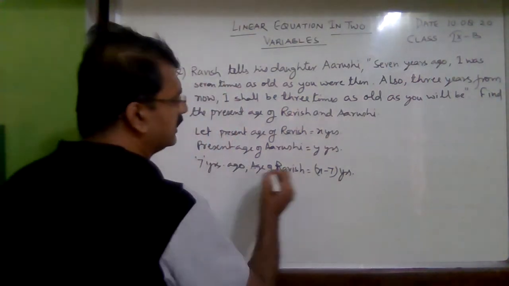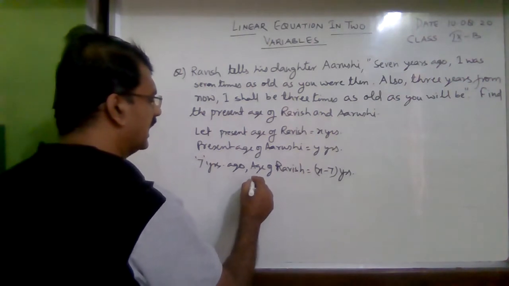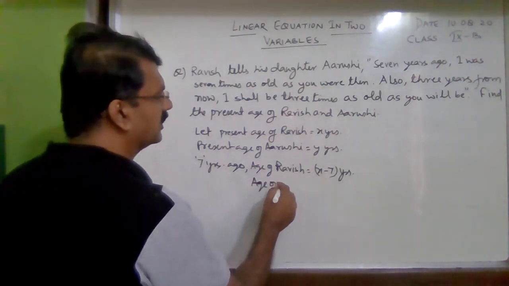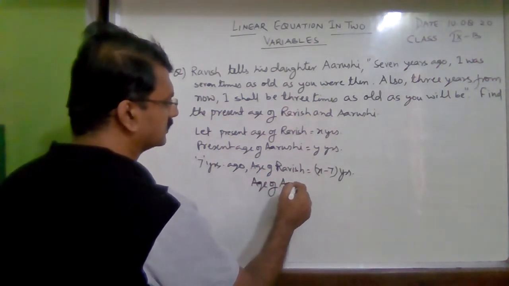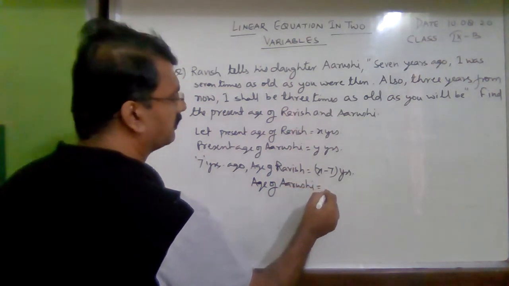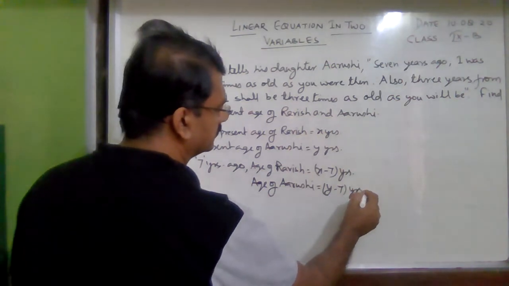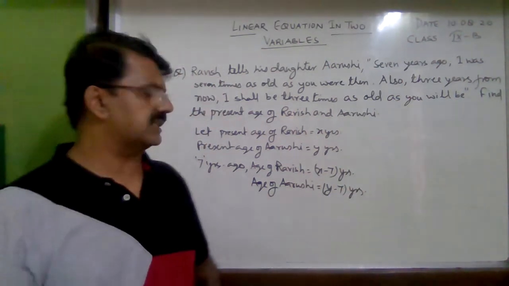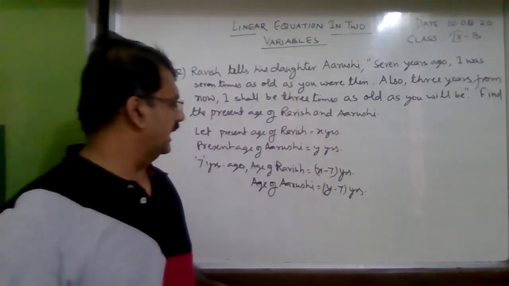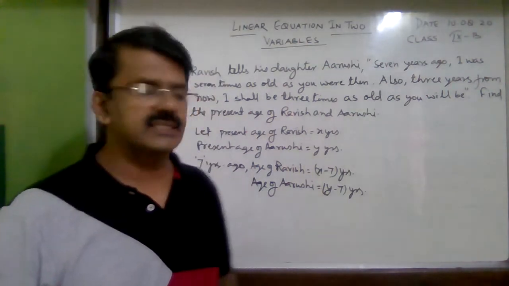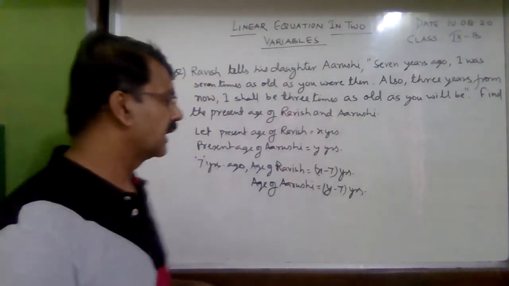So 7 years ago, the age of Ravish was x minus 7 years, and the age of Arushi was y minus 7 years.